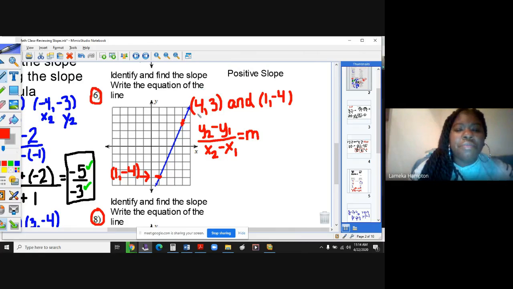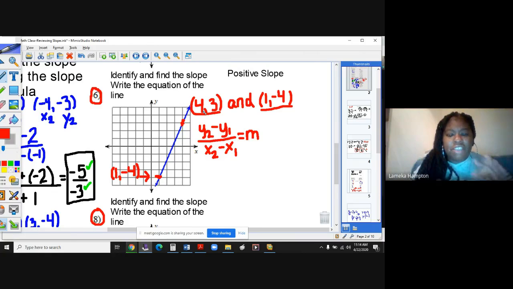Now, remember, this is the first set and this is the second set, right? So we're going to break all of these numbers down based on their position. So because 4 is the x coordinate of the first set, we're going to name this one x1. Okay. So if 4 is x1, then what is 3?